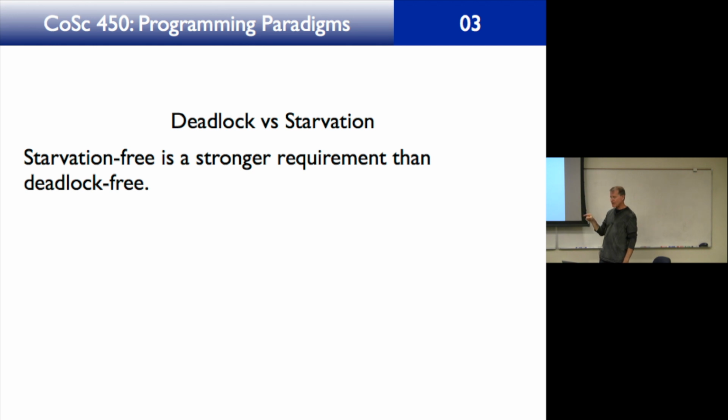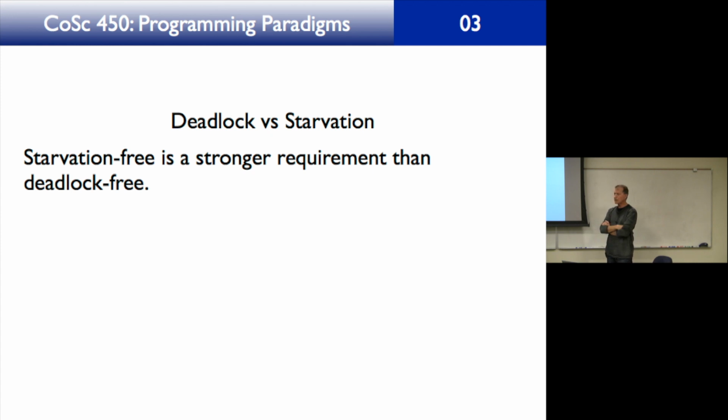Deadlock versus starvation. Now this is really cool, you guys. Starvation-free is actually a stronger requirement than deadlock-free. Now, do you remember in formal methods when we did strengthening the antecedent? What does it mean for something to be strong and something to be weak in logic? Strong is fewer arguments.